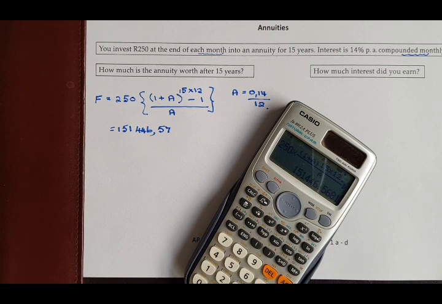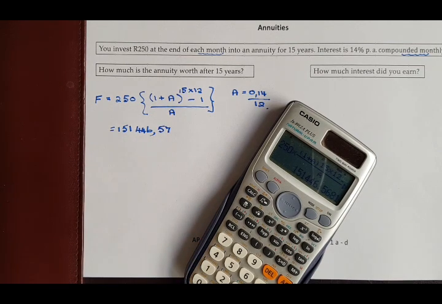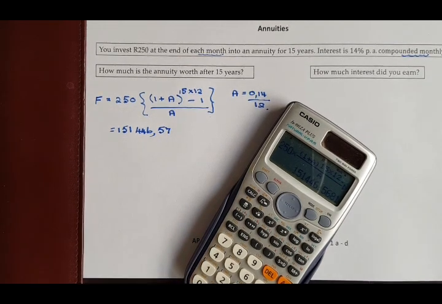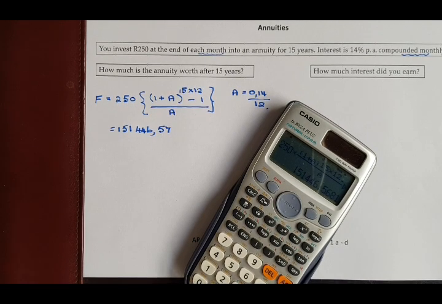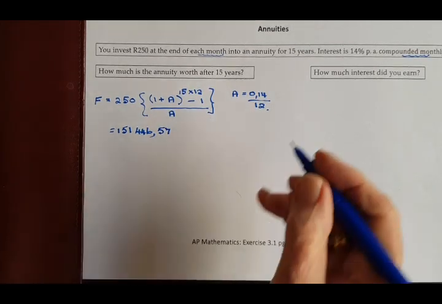Okay, so the next question is, you get that amount of money out. How much interest did you earn over the period of 15 years? Well, ask yourself, how much money did we actually put into this account? How much money did you actually put into the bank?